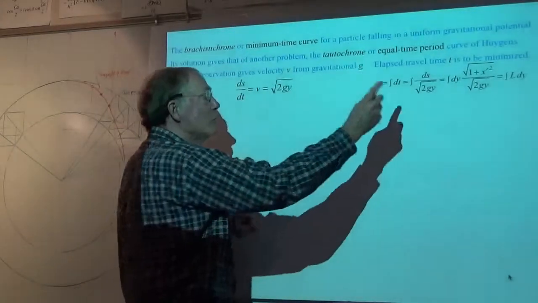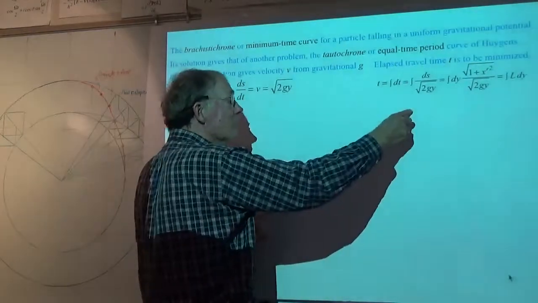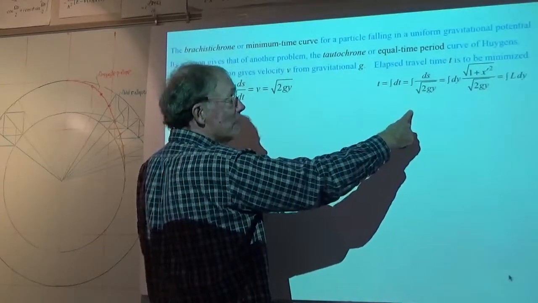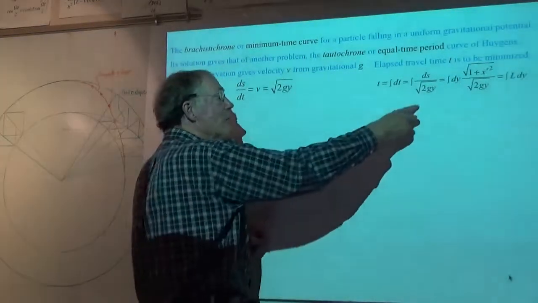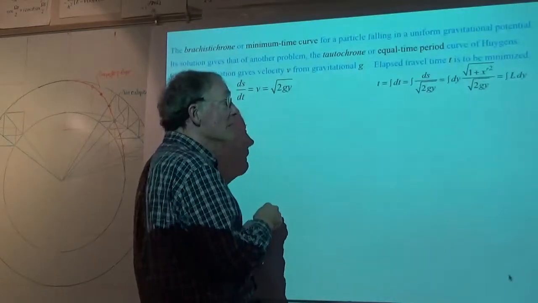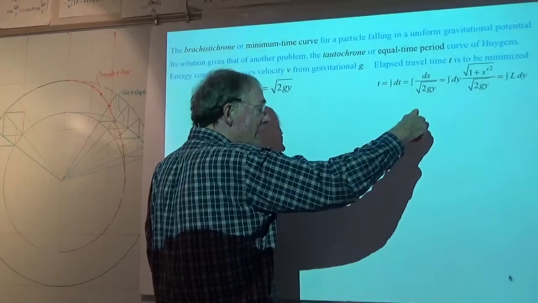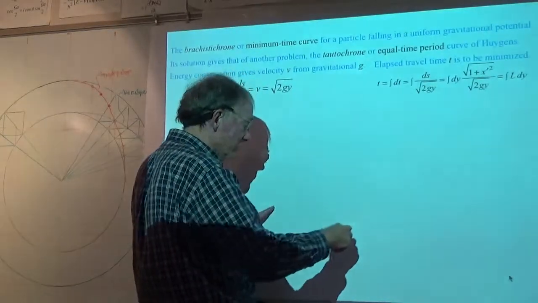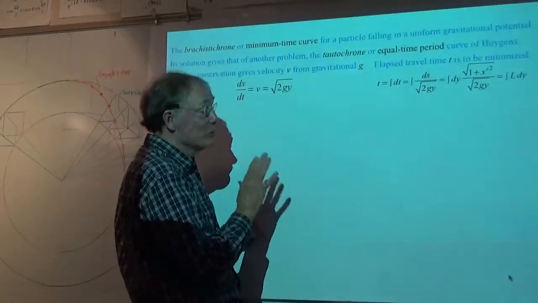So you can just pick 2 points, and you can put a straight line between them, and if the straight line isn't completely flat, you're going to get a reasonable, very short time to have the ball roll down a straight line. Another possibility would be a circle, okay? The trouble is I can't necessarily make a circle that will start here and go through this point. With a cycloid you can.